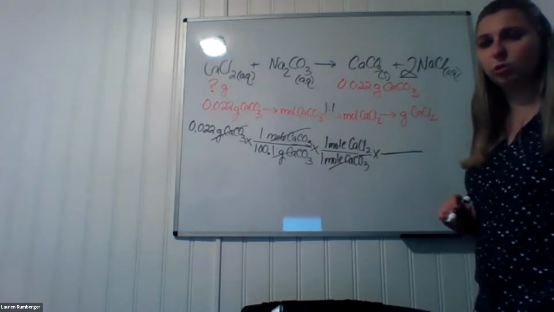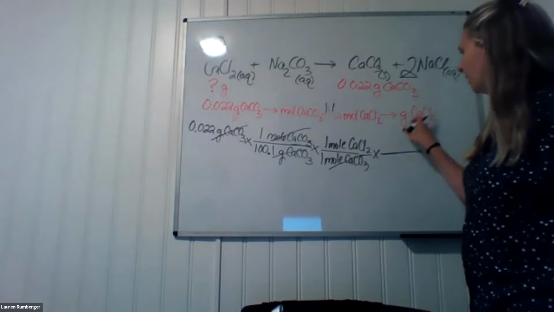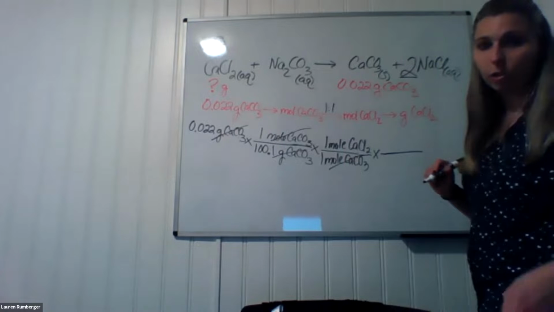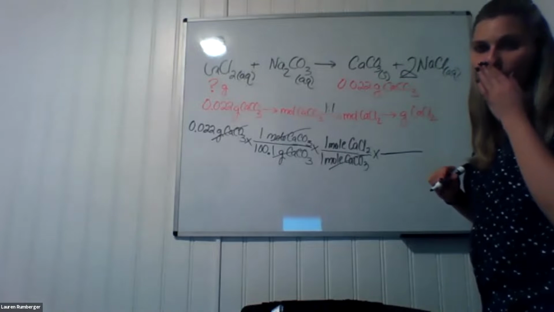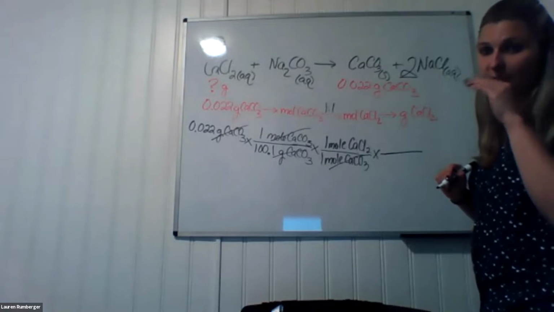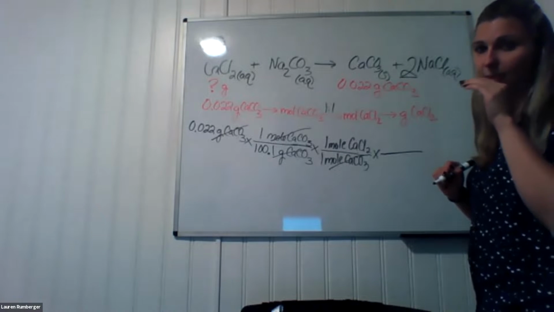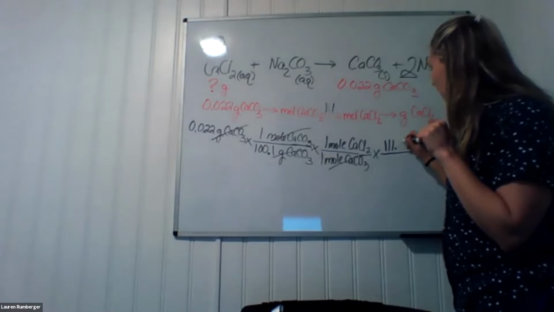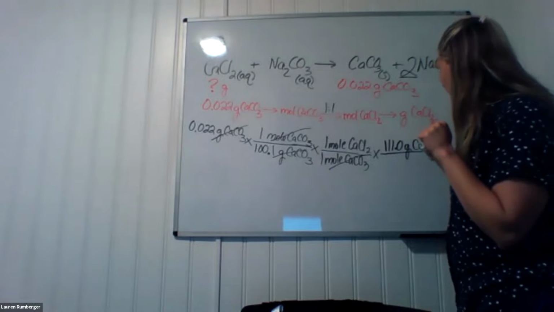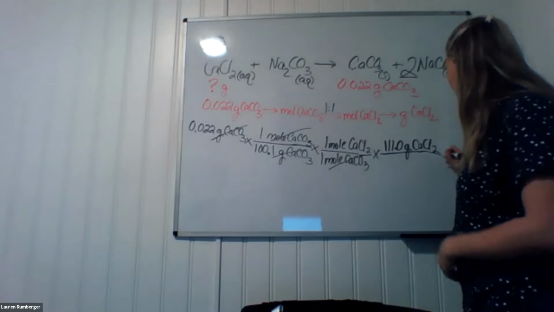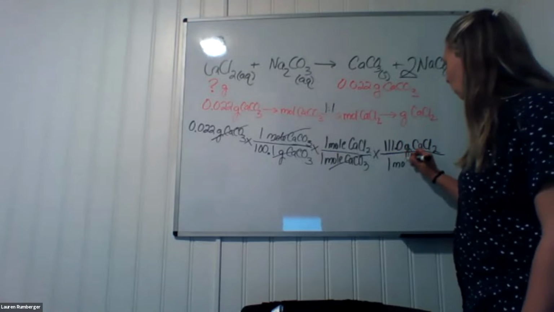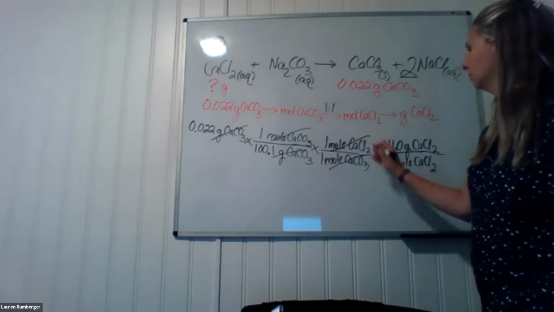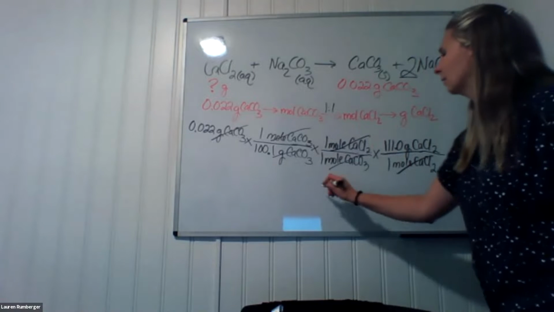Now from moles, we can find grams, okay? Grams of calcium chloride will be determined using the molar mass. The molar mass is given, 111.0 grams per mole. 111.0 grams of calcium chloride goes on top per 1 mole of calcium chloride on the bottom. Cancel the units diagonally.